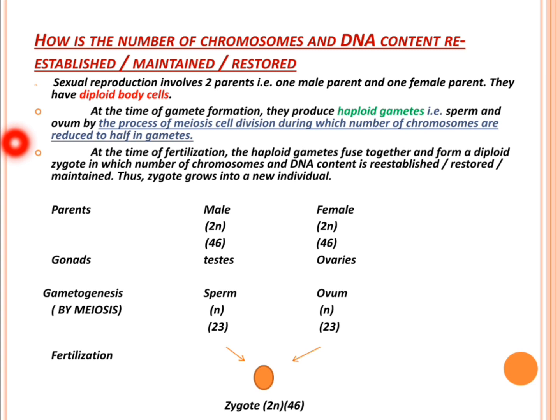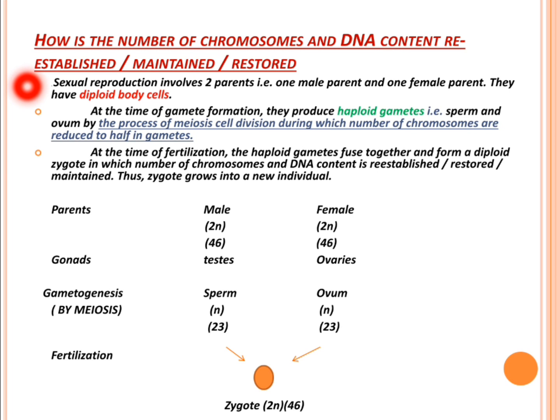If both parents contribute 46 chromosomes in the next generation, then the total number of chromosomes in the body cells of the new generation will be 92, which would not be possible in human beings. As human beings have 46 chromosomes in their body cells, then how is the number of chromosomes restored in the next generation? Let us find the solution of this problem.